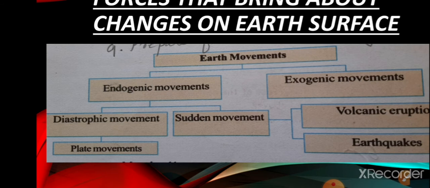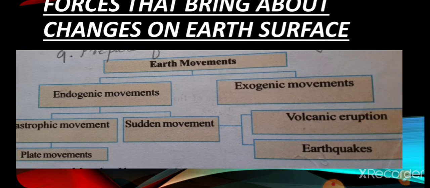Endogenic movement is a silent movement that takes place in the interior layer of the earth. In endogenic movement, the sudden movements are volcanic eruptions and earthquakes.